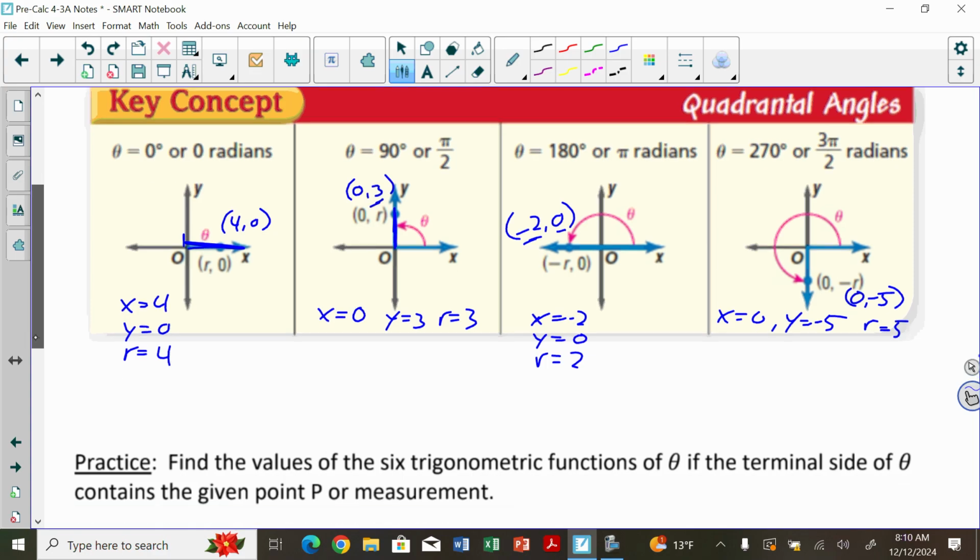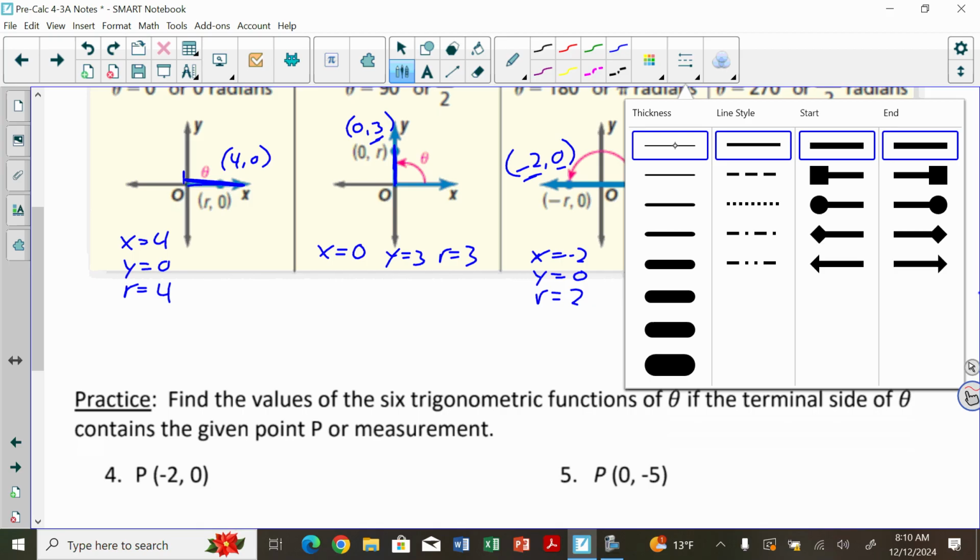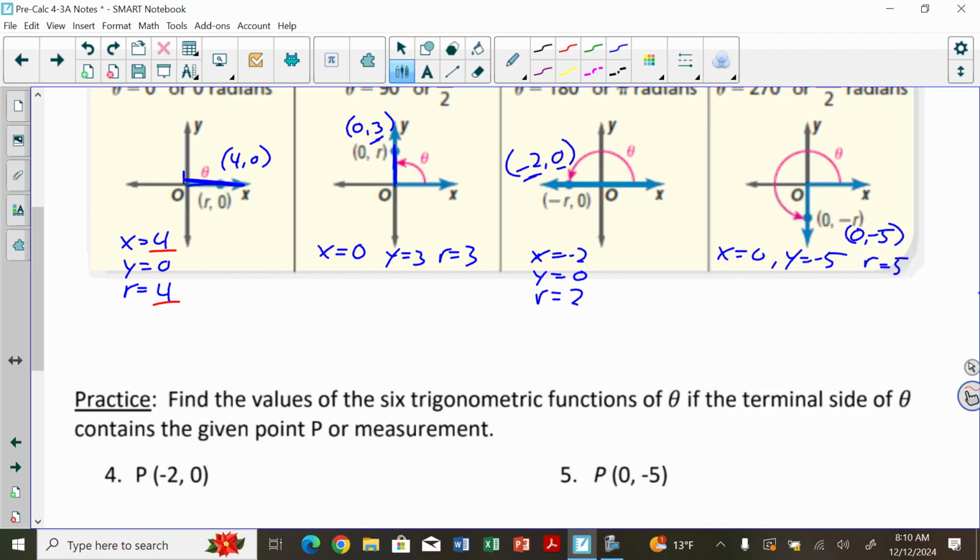Now, notice what you notice. Hopefully, you notice this, that when you reduce those on the triangle, you've got 4, 4, 3, 3, -2, 2, -5, 5, and 0. So this kind of works out nicely.